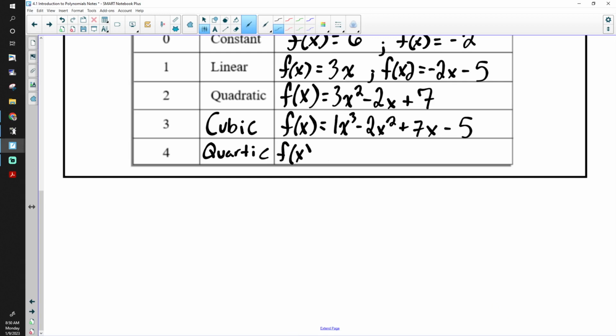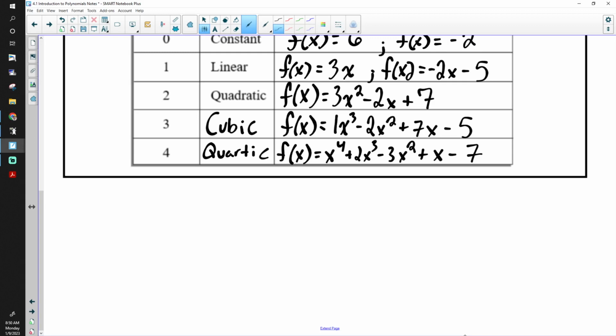F of x equals x to the 4 plus 2x to the 3rd minus 3x squared plus x minus 7. Look at that bad boy. There's a quartic function. Again, it's not a quartic because of how many terms it has. It's called a quartic because the largest exponent is 4.